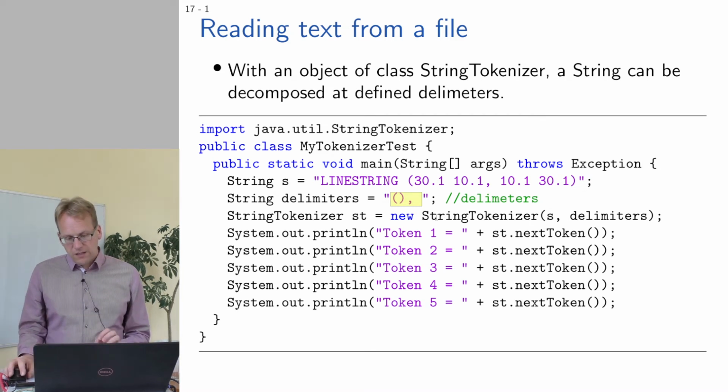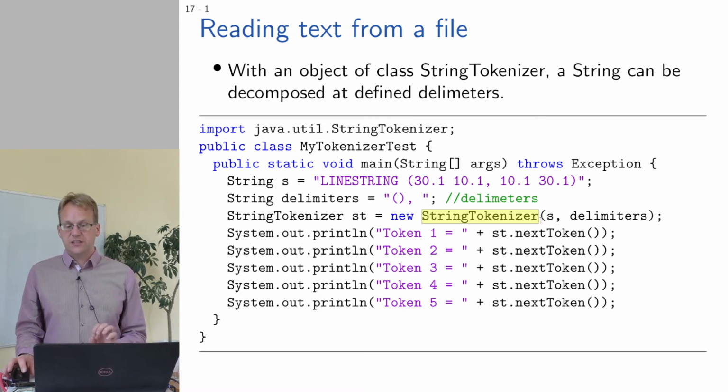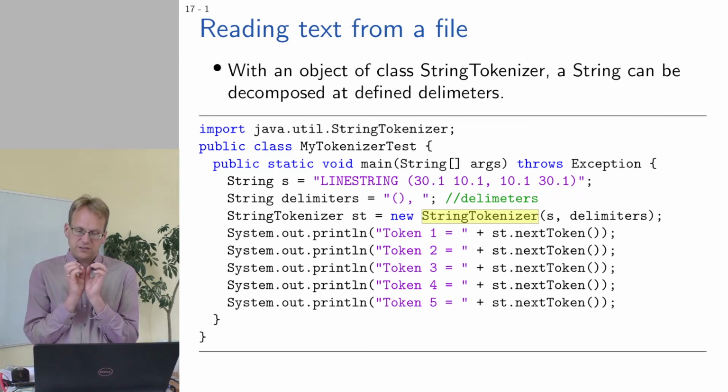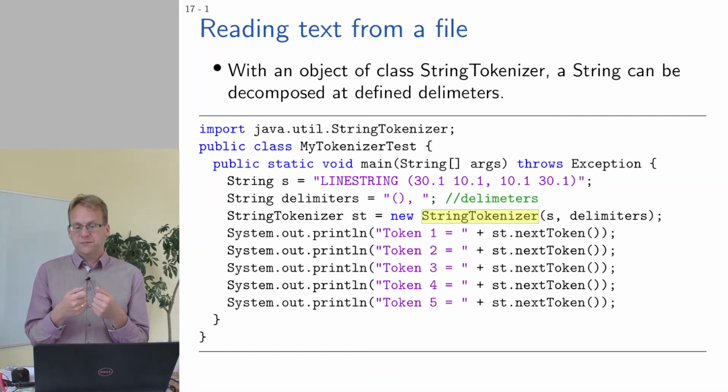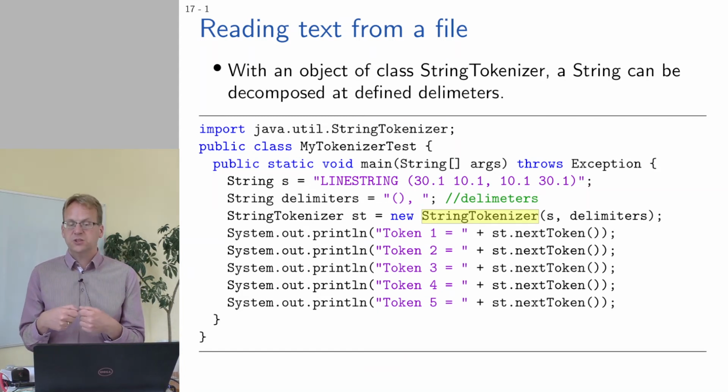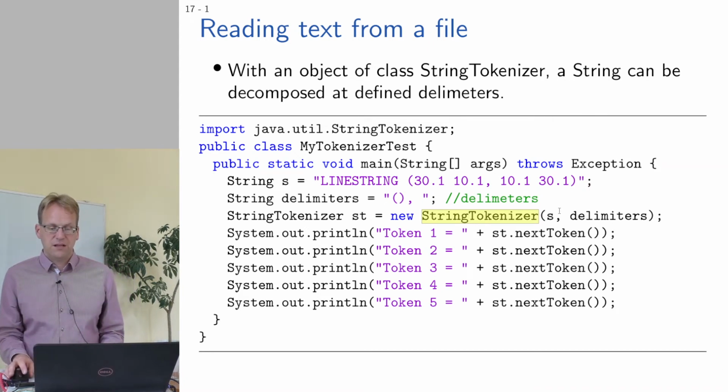Now I'm using an object of the class StringTokenizer. This StringTokenizer is used to chunk this string into these meaningful pieces and to provide me with one of these pieces, or tokens, one by one. You see here in the example how that works.